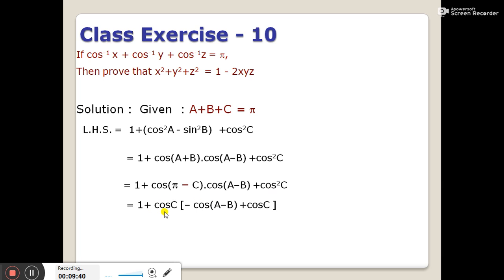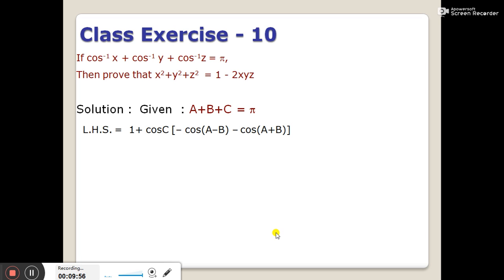Then we take cos c common, it becomes 1 plus cos c into minus cos of a minus b plus cos c. In place of c we substitute cos of a plus b, with the negative sign common, and it becomes 1 minus cos c into cos of a minus b plus cos of a plus b.